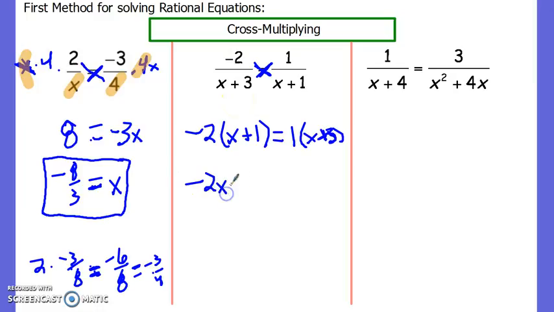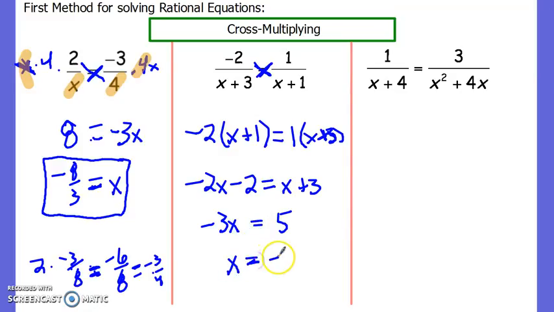Negative 2x minus 2 equals 1 times x plus 3. And then you notice you just have a linear equation. So I'm going to go ahead and subtract x from the right side, call it negative 3x on the left, and I'm going to add this 2 from the left side, call it a 5 on the right. Divide again. And you've got your answer.